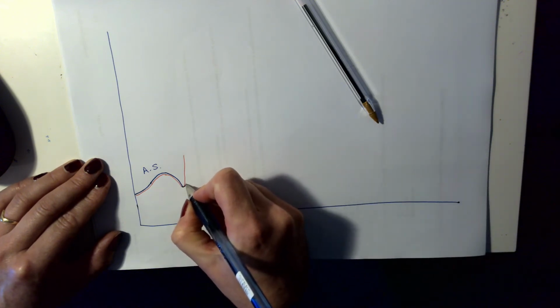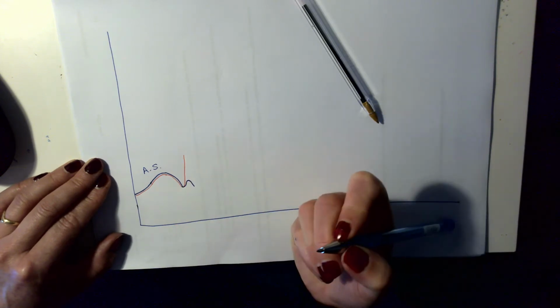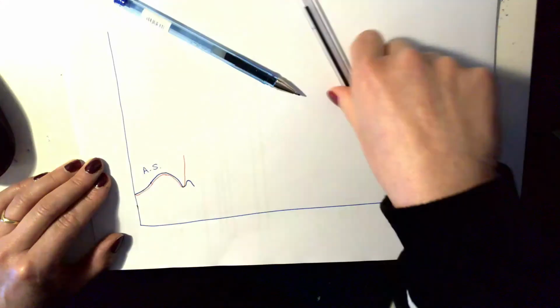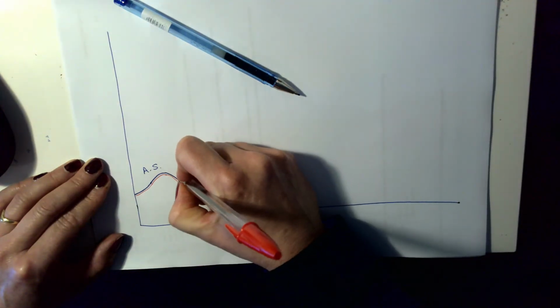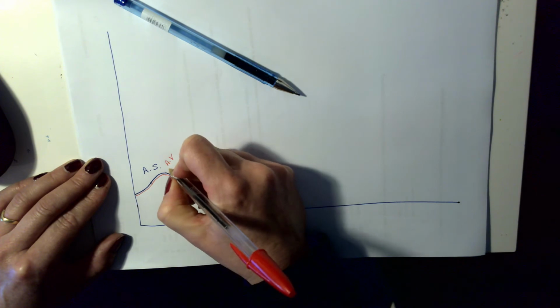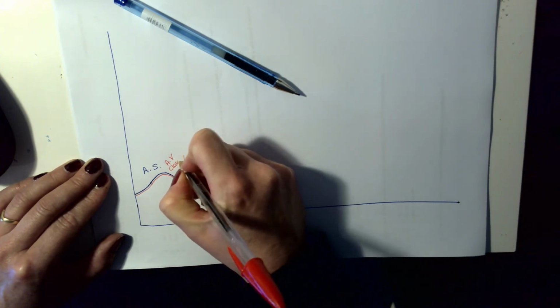You might see a little bit of a bump of increased pressure in the atrium as that occurs. So we've got a valve being closed here. Say we have the atrioventricular valve that's closed.